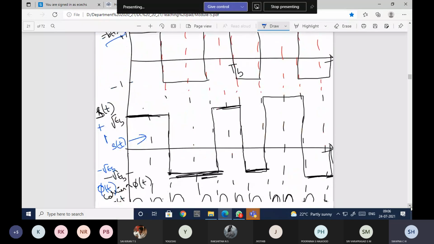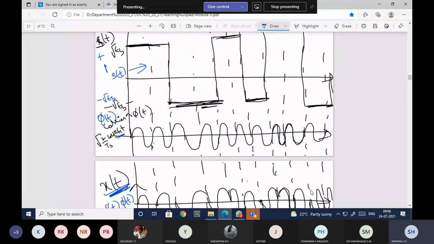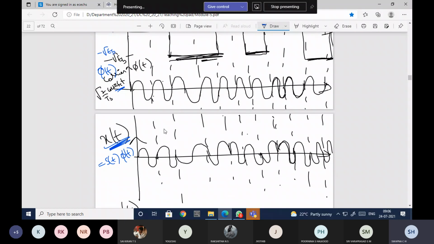When you multiply the carrier with S of t, this is how the waveform will be. If you observe, this is 1 1 0 0 1 1 0 1 1 0 0. So this is the waveform.